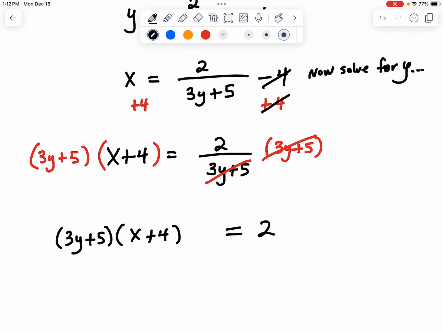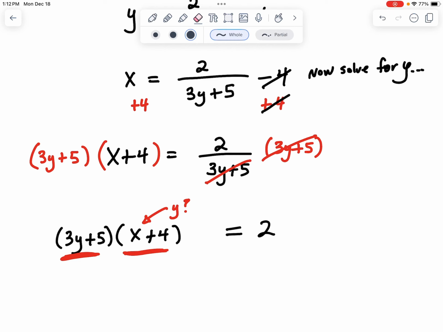The reason I'm not going to multiply it out is because this has the y information and this has the x information, and right now they're being separated, and so that's going to make it easier to solve for y. If for some reason this one had a y in it, then I would go ahead and multiply them out.